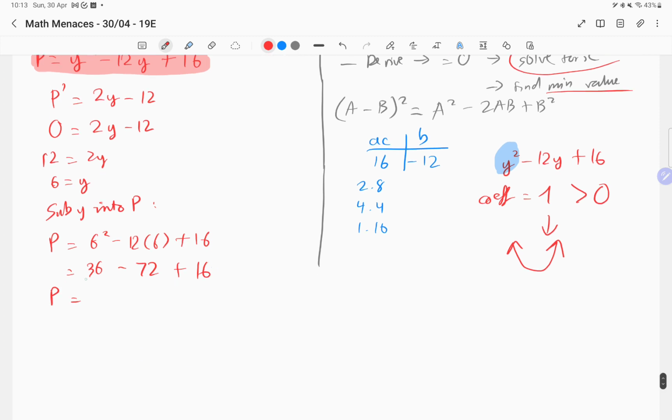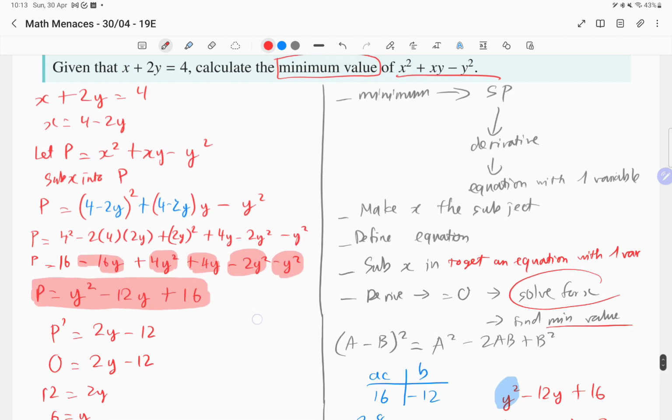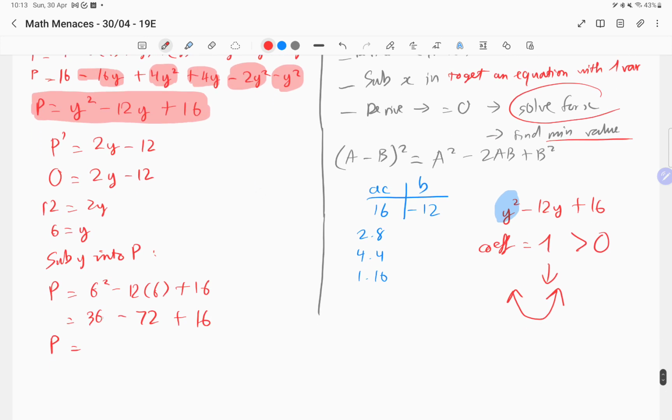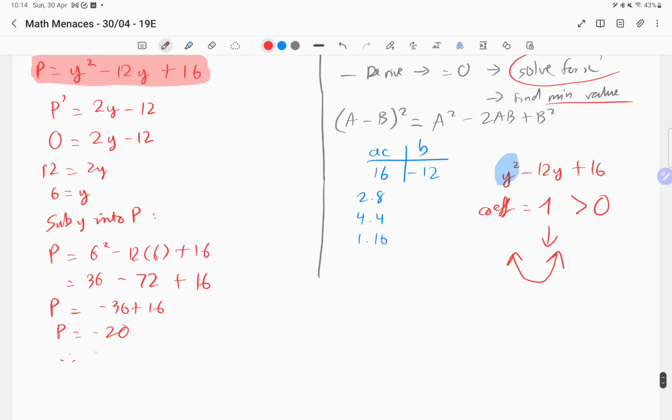So that's negative 36 plus 16, which is negative 20. Always write the final solution. Therefore, minimum value equals negative 20.